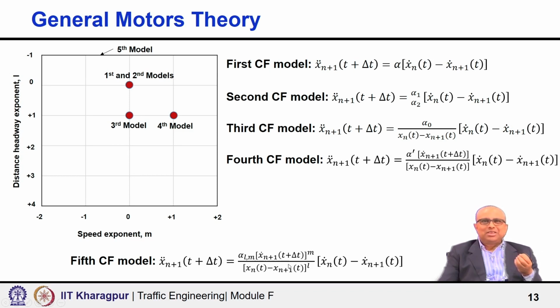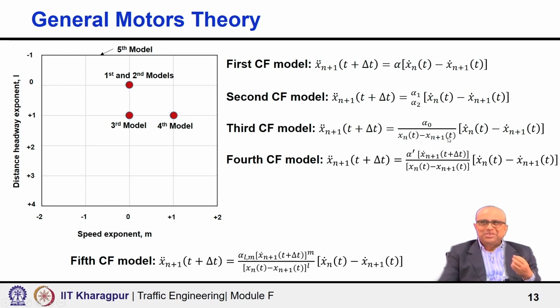Again in the fifth generation model, if you consider m is 0, then this term in the denominator, the speed of the following vehicle, will not be there, it will be 1, and L is 1. So, a constant divided by the relative spacing, or the space headway, the distance headway between the two vehicles.